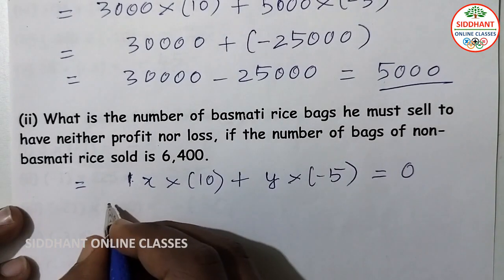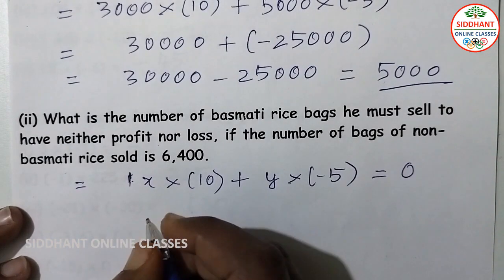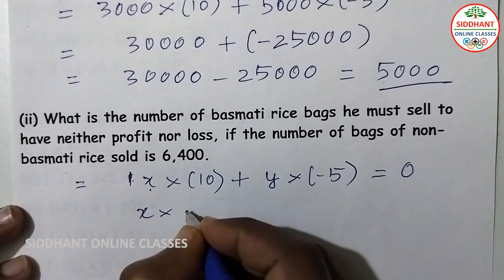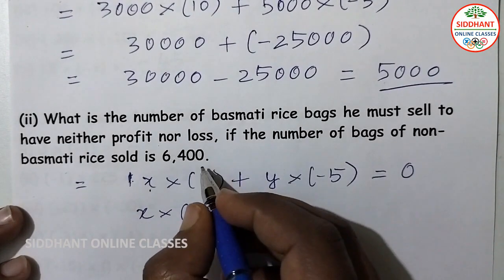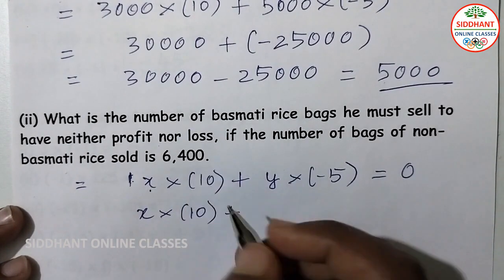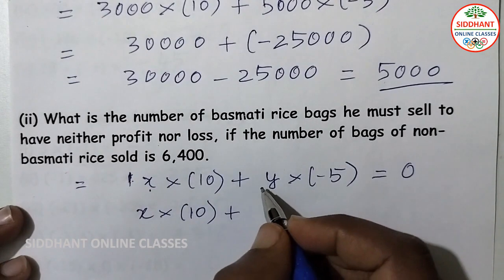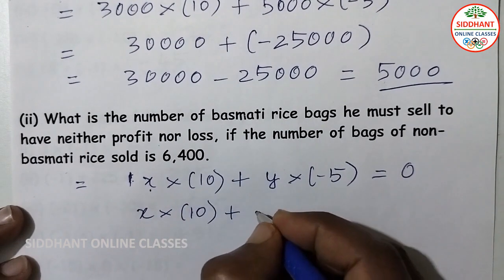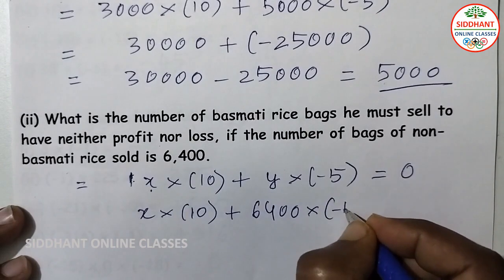So now we have to find out the number of basmati rice required. So here basmati rice is x into 10, and if he sells 6,400 non-basmati rice, that means 6,400 into minus 5.